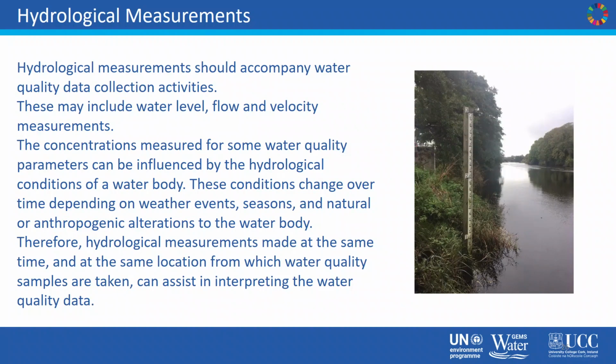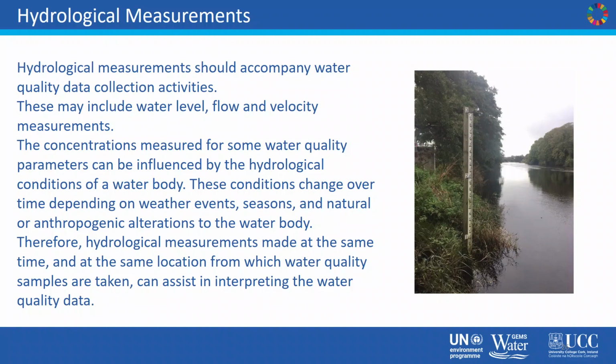Collection of hydrological data should accompany the collection of water quality data if possible. For rivers, for example, this may be as simple as collecting information on the water level, the flow volume, or estimating flow volume, or the velocity at the time. This is because the concentrations measured of some water quality parameters can be heavily influenced by the hydrological conditions at the time of sampling for that particular water body.